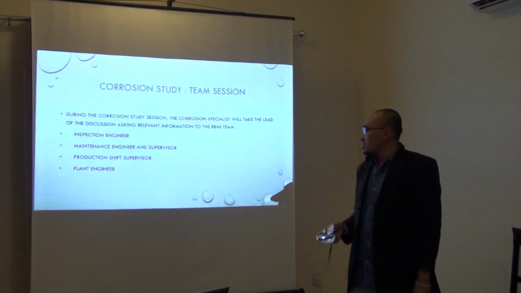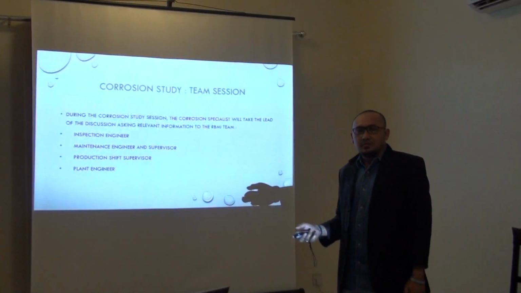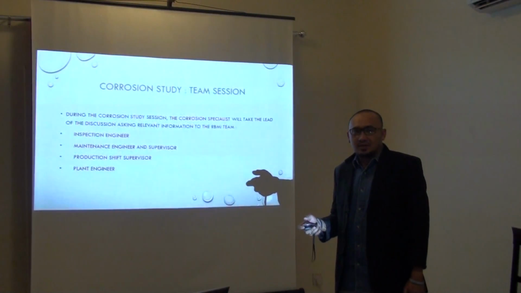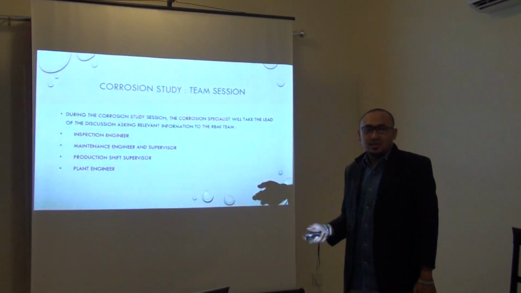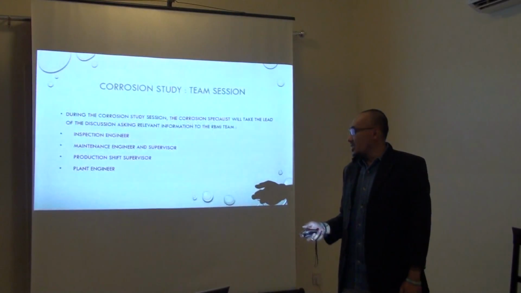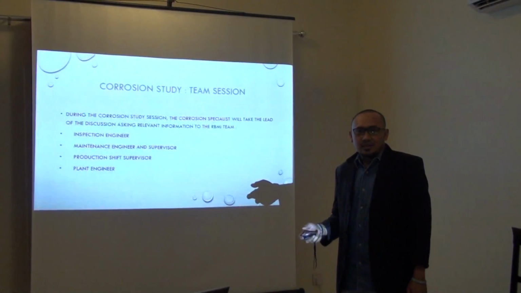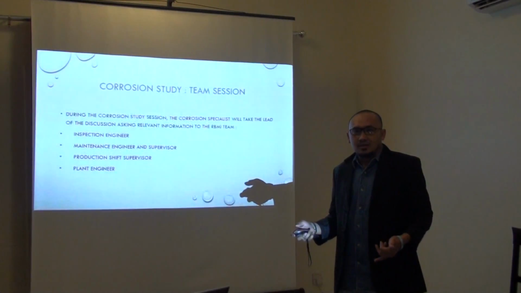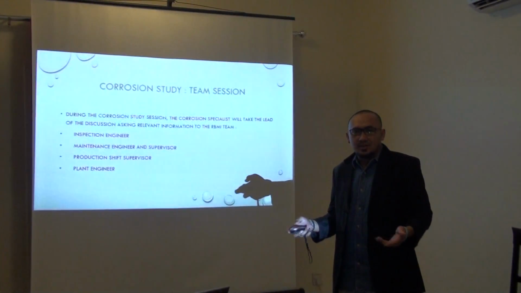In the corrosion team, we have the inspection engineer, the mechanical engineer, including the supervisor, the production shift supervisor, and the plant engineer, all involved in one team to make the definition, to make the loop of the corrosion itself.